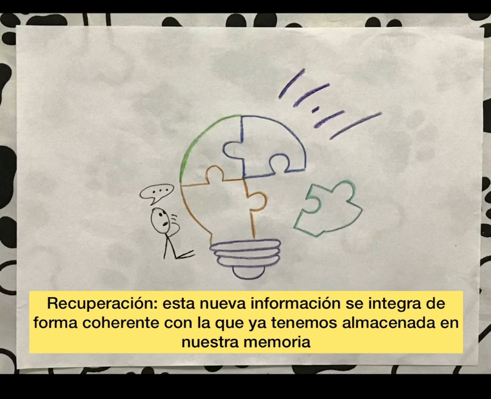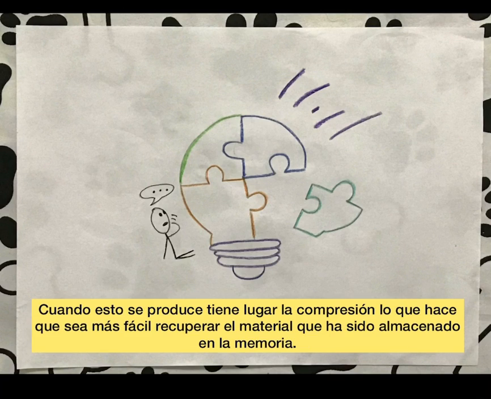Recovery. This new information is integrated in a coherent way with what we already have stored in our memory. When this occurs, comprehension takes place, which makes it easier to retrieve the material that has been stored in memory.